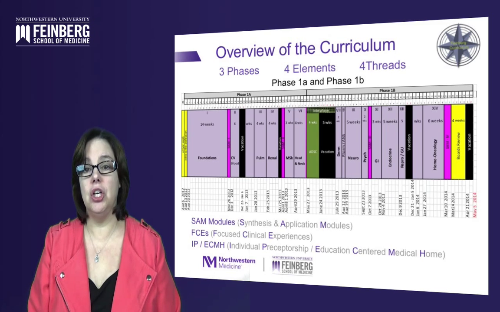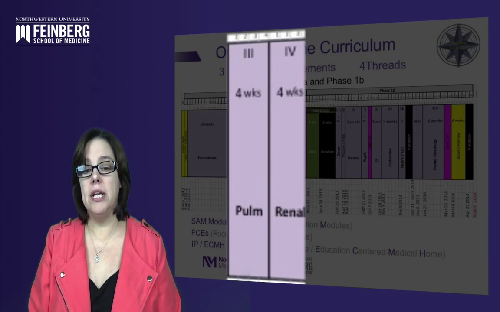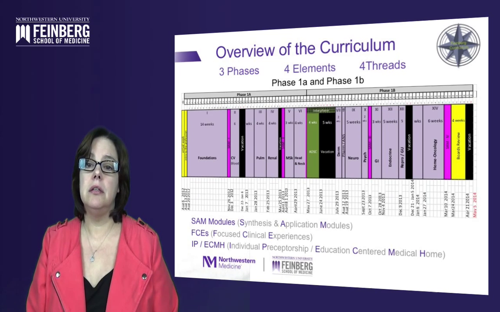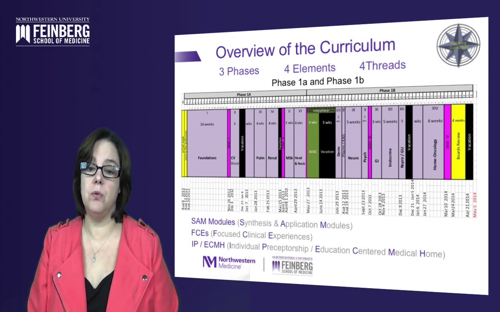So seen here is a visual representation of the Phase 1A and Phase 1B student schedule. The phases are organized by organ system with the exception of the foundations module. The SAM acronym is Synthesis and Application Module.